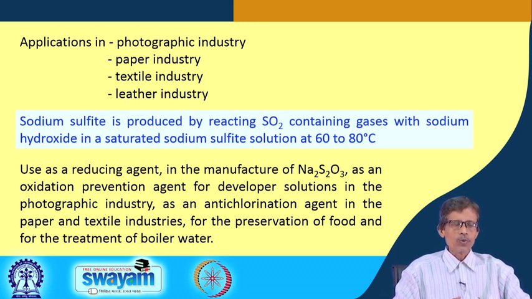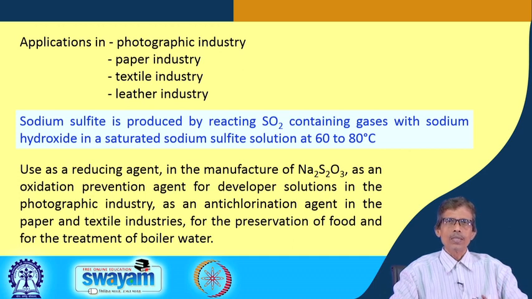So, you can remove the excess chlorine from the paper and textile industry, and also preserve food, because food gets spoiled by the presence of its oxidation equivalent, that means oxygen or any other oxidizing agent. So, if you are able to remove those using a reducing agent, your food material will be safe.